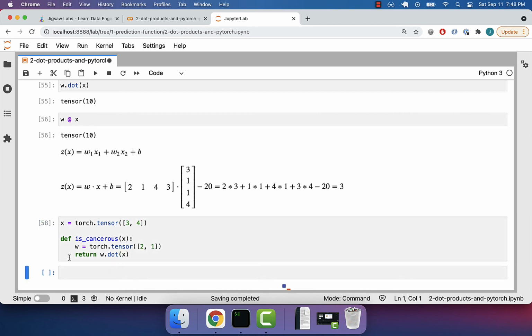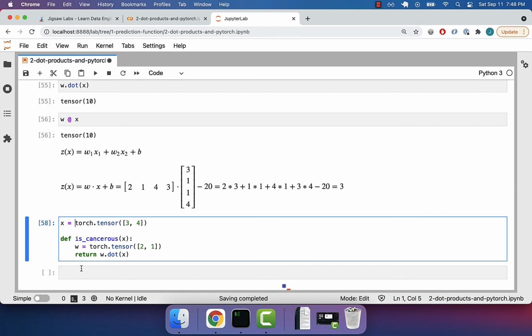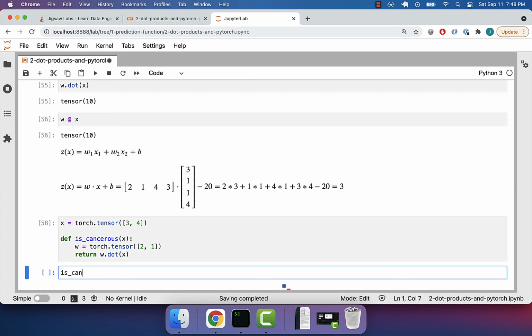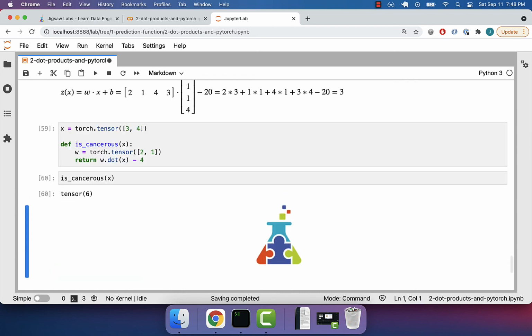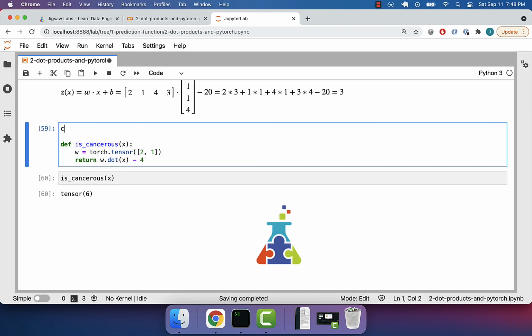So if we want to get the same output, we'll just call is_cancerous and pass through x. The features of an observation are going to be dotted with this, and let's add, don't forget, the bias. I forget what our bias was originally, maybe it's negative 4, and we get that out. We got a positive number, so we predict cancerous. Now we pass through a different observation.